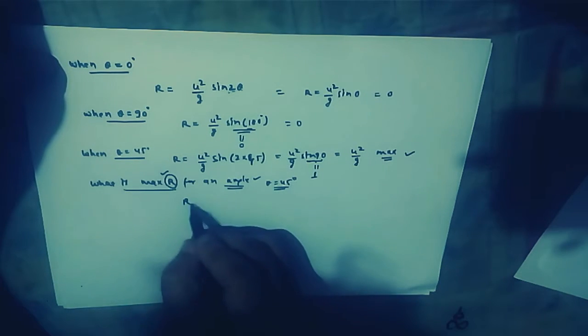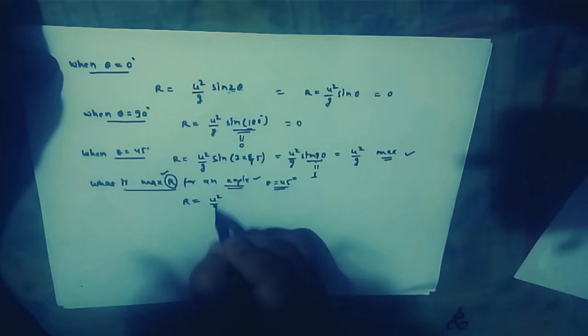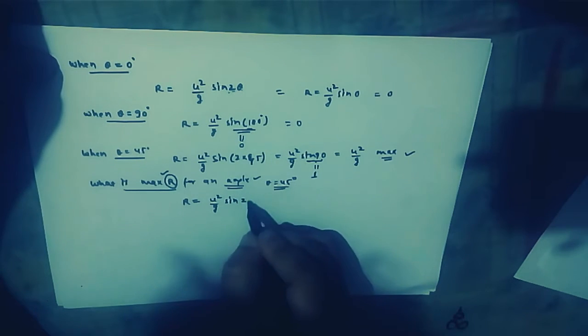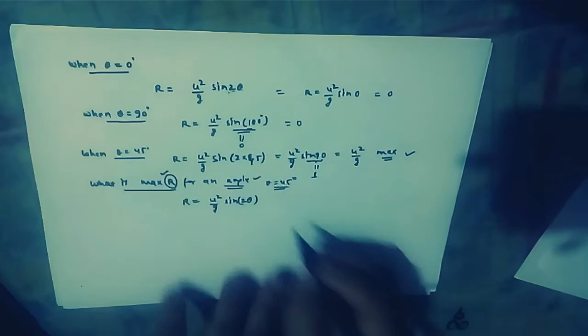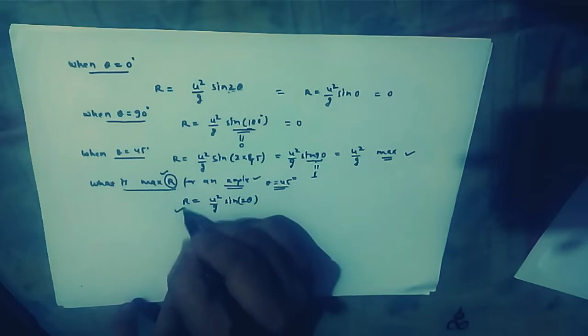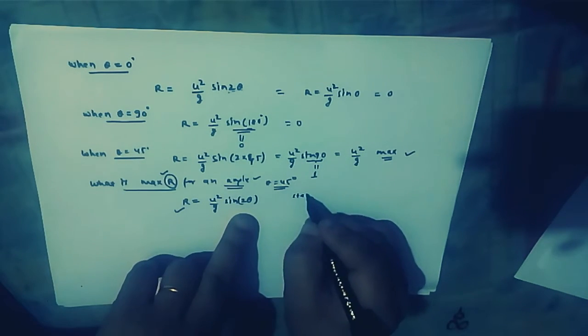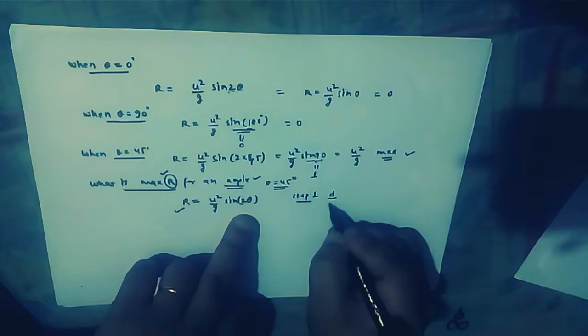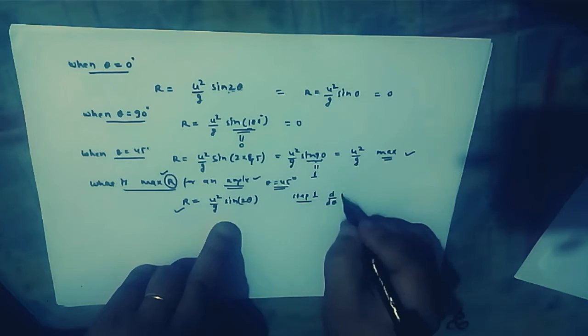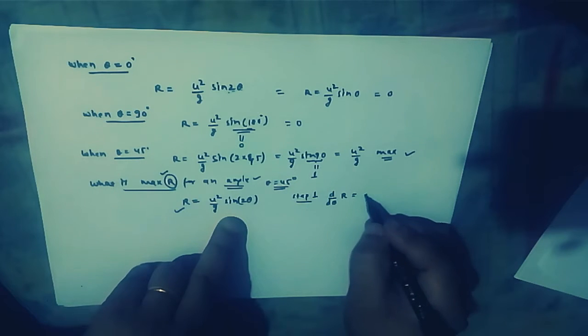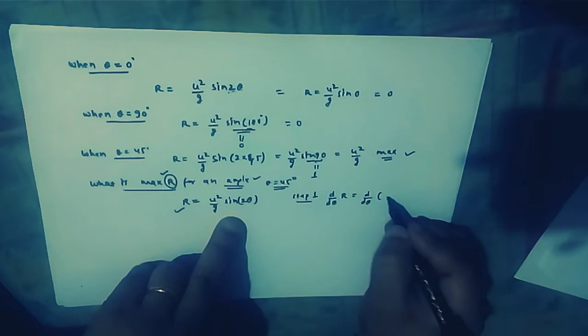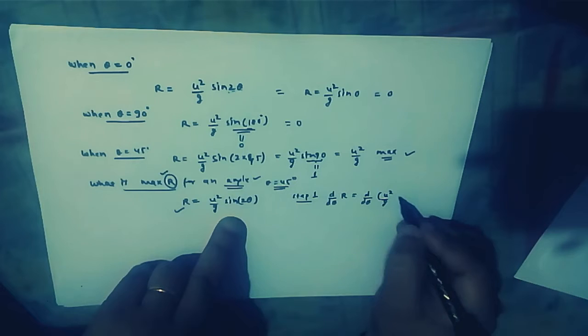You have to prove that at angle 45 degrees R is maximum. So R, you know, is u square upon g into sin 2 theta. For that you have to differentiate R, that is method 1. At first, step 1, you have to differentiate with respect to theta, d by d theta of R. So that would be d by d theta of u square by g into sin 2 theta.